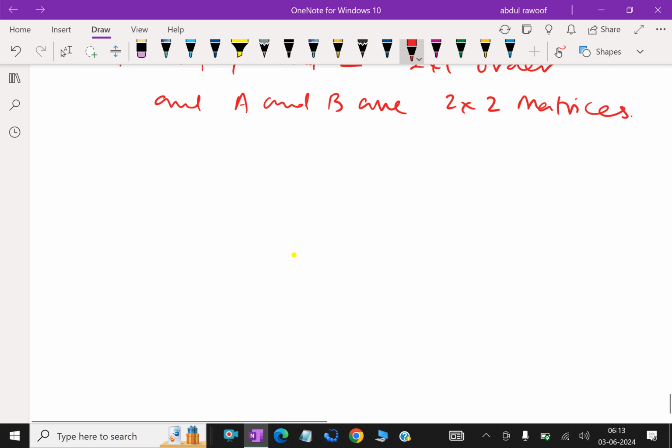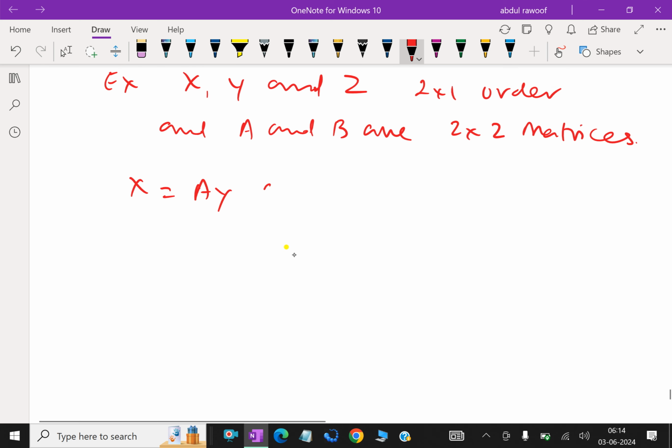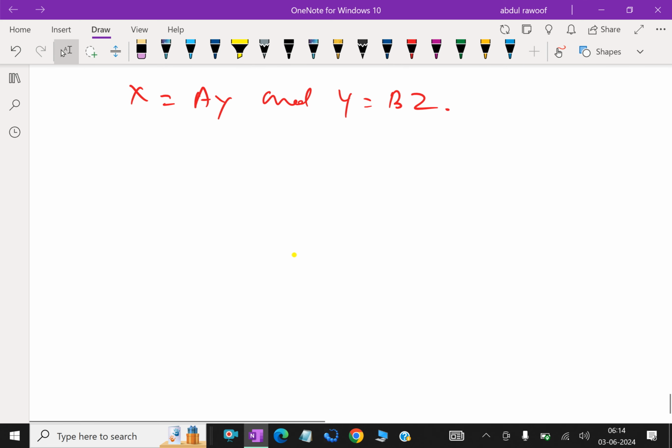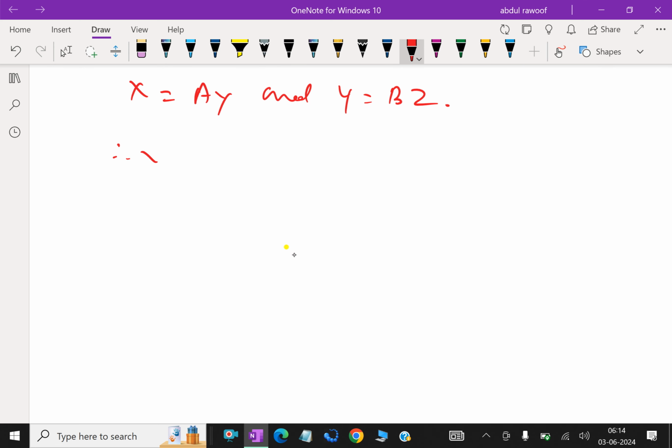Then if X equals AY and Y equals BZ, find X in terms of Z.